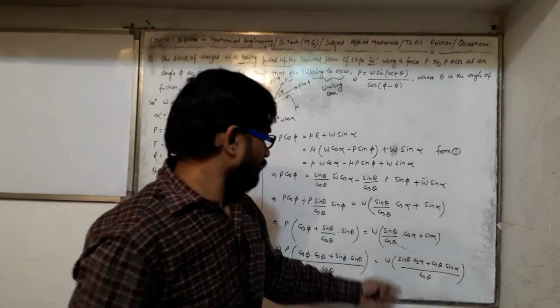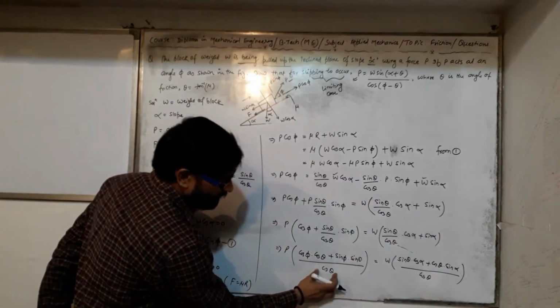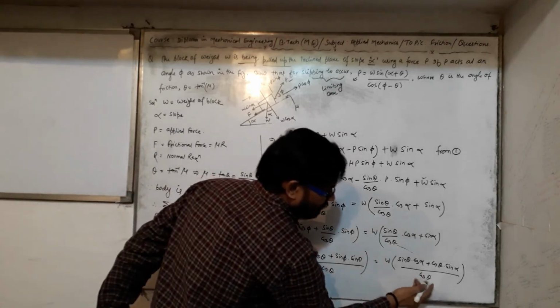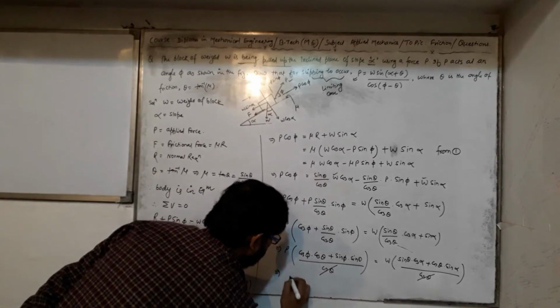It's a simple addition of fractions. So overall cos theta is divided on both sides. Can I cancel it?